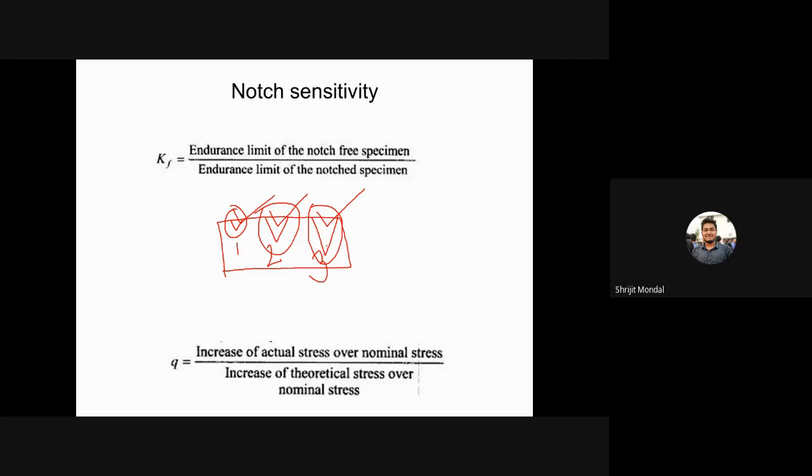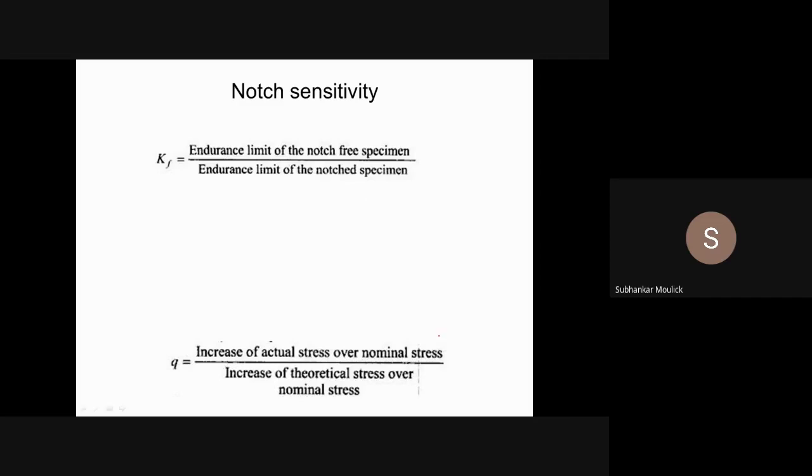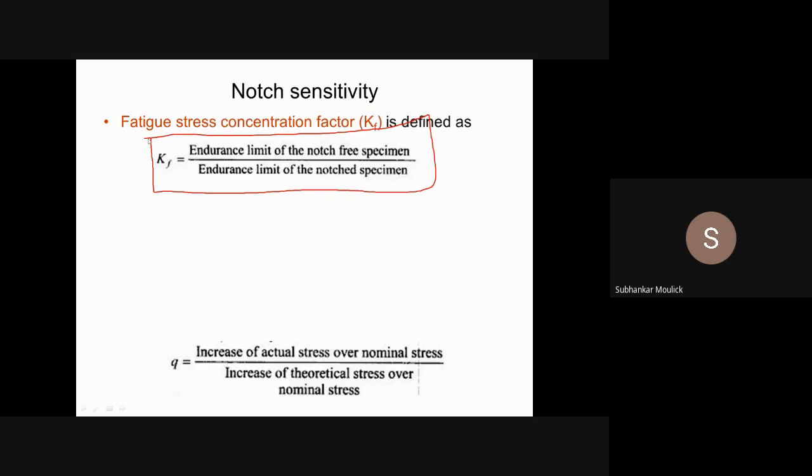Yes, sir. Fine. Okay. So this is a physical definition of what notch sensitivity is all about. But before defining notch sensitivity, let us understand this term. What is this term? This term is known as fatigue stress concentration factor, denoted by the symbol Kf.